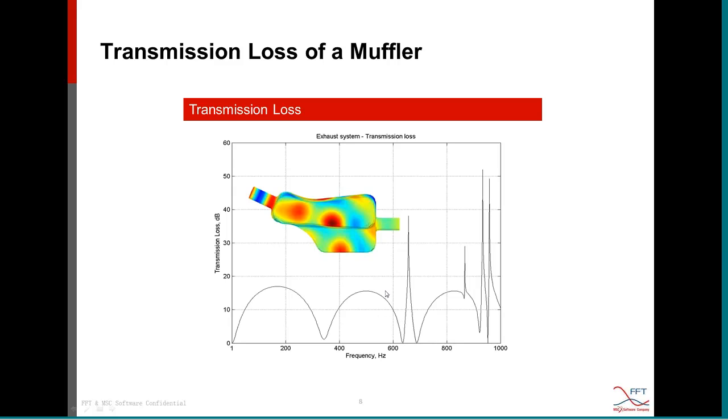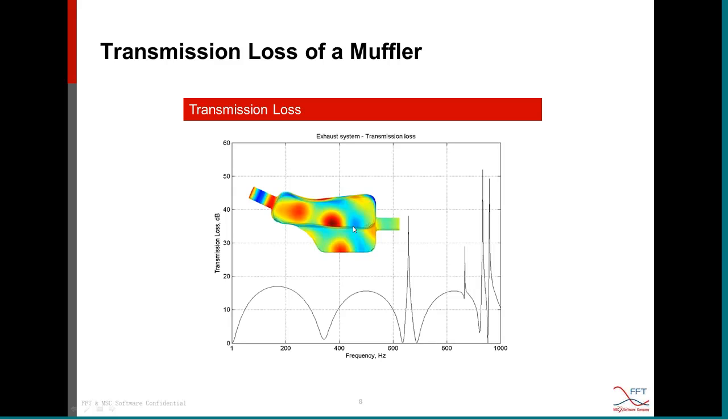we have two frequency regions. In lower frequencies, we have this periodic behavior, which indicates that we have plane wave propagation throughout all the system. So we have plane waves not only in the inlet and outlet, but also through the muffler volume. And this is not true anymore when frequency goes up.